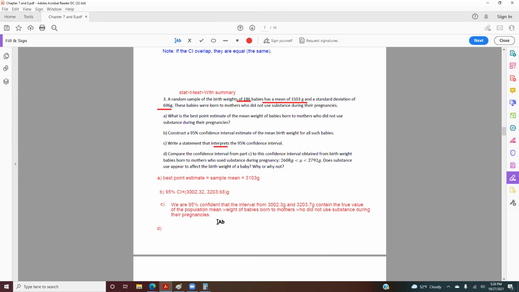For D, now you're going to compare, like what we did last time. This is for healthy moms, healthy babies, and now we have another confidence interval where mothers use substance during pregnancy, so not healthy babies. Compare these two. Does substance affect the birth weight of babies?